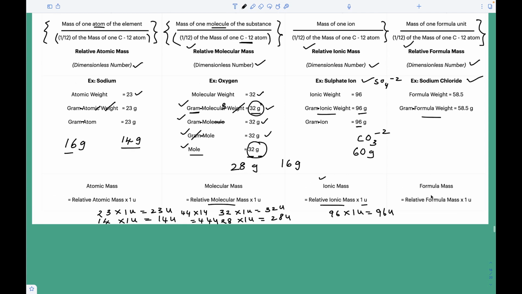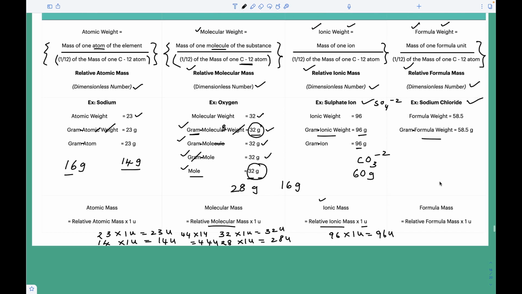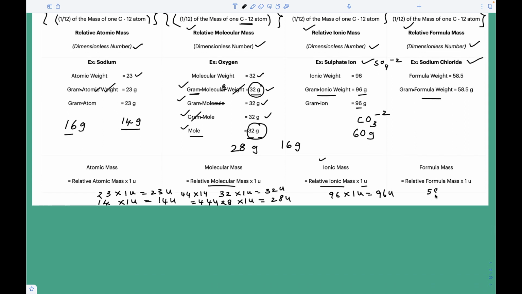And similarly, formula mass is the mass of one formula unit, and it is equal to its relative formula mass multiplied with 1U. So what is the formula mass of sodium chloride? Its formula weight or relative formula mass, that is 58.5 multiplied with 1U, that is 58.5U.